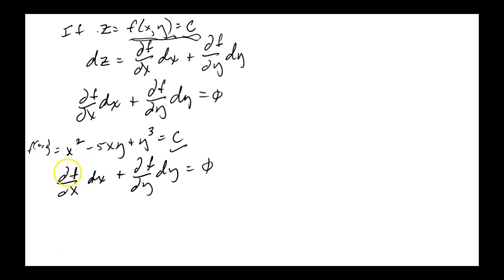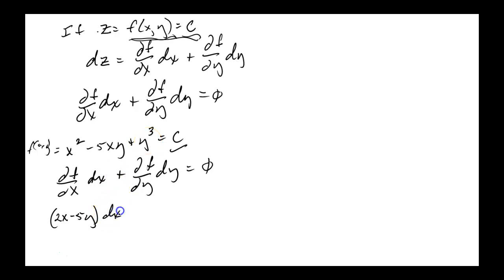Okay? What is the partial of f with respect to x? Do you remember how to do the partials? 2x minus 5y, and this part has no x dependence, so that's treated as a constant.